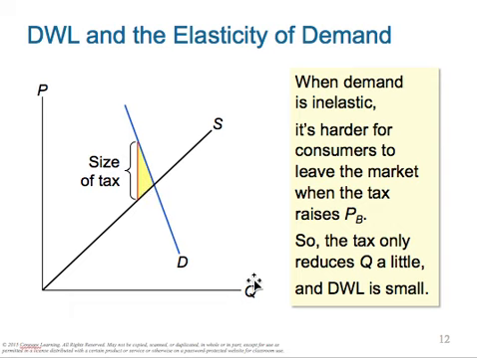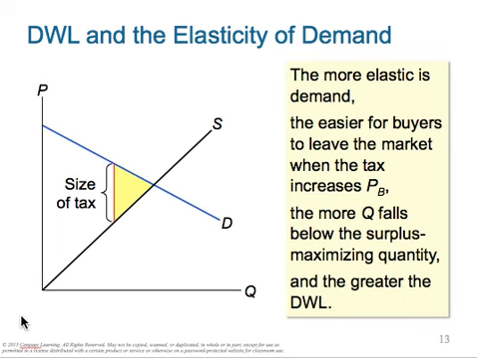The tax raises the price buyers pay, and therefore reduces the quantity demanded. The equilibrium quantity falls below the surplus maximizing quantity that should be found in the equilibrium QE, but not as much as when the demand curve is elastic. So it's fairly inelastic, so there's a smaller deadweight loss.